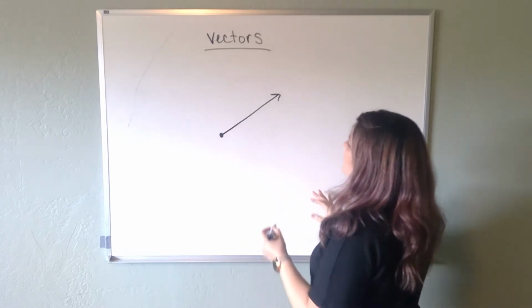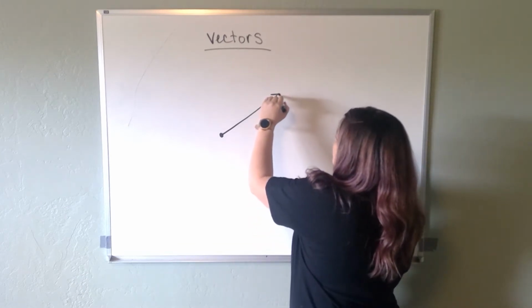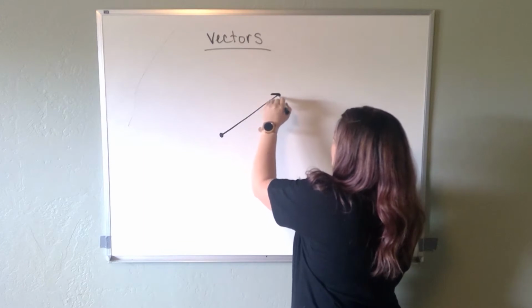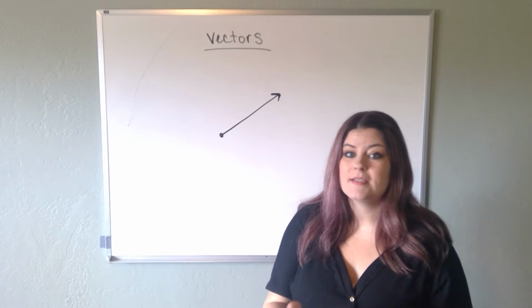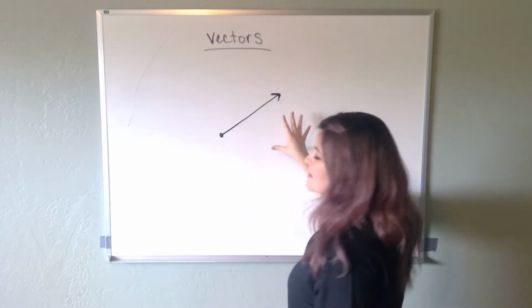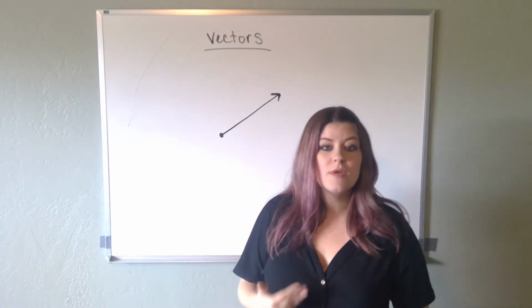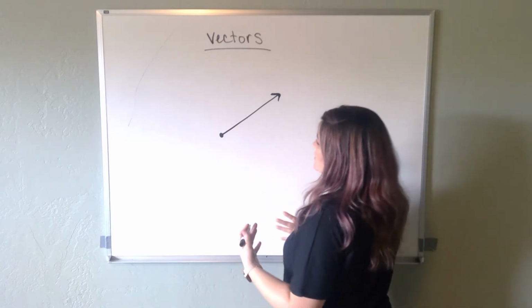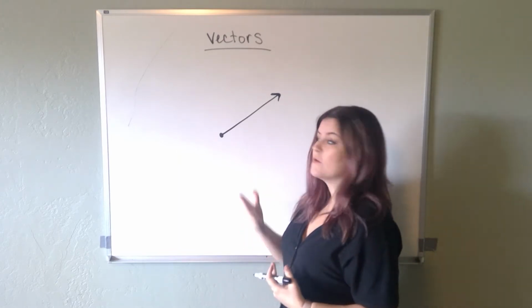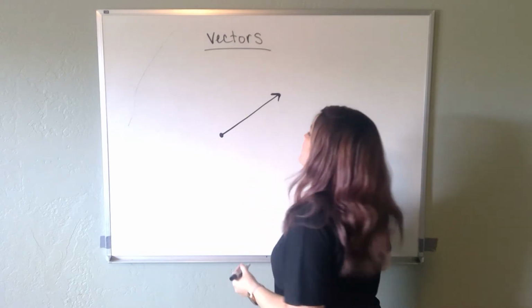But a vector actually has two endpoints. So you can think about this as an endpoint and an arrow. So it's really what we like to call a directed line segment. The arrow needs to be there because we need to know the direction that the vector is going. So the arrow is just to show direction, not to show that it is going on forever.